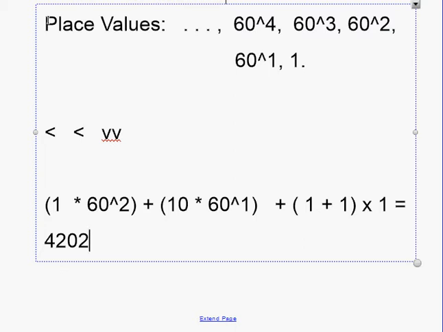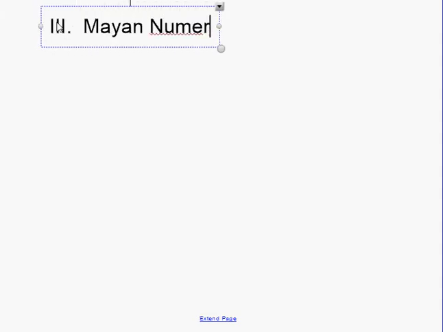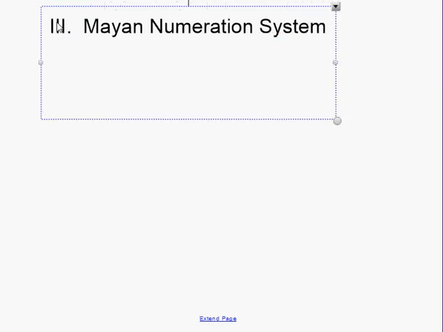Now let's go on and talk about the Mayan numeration system. The Mayan numeration system was created by the Maya, a tribe of the Central American Indians, who lived in the Yucatan Peninsula and developed this system between 300 and 1000 AD.